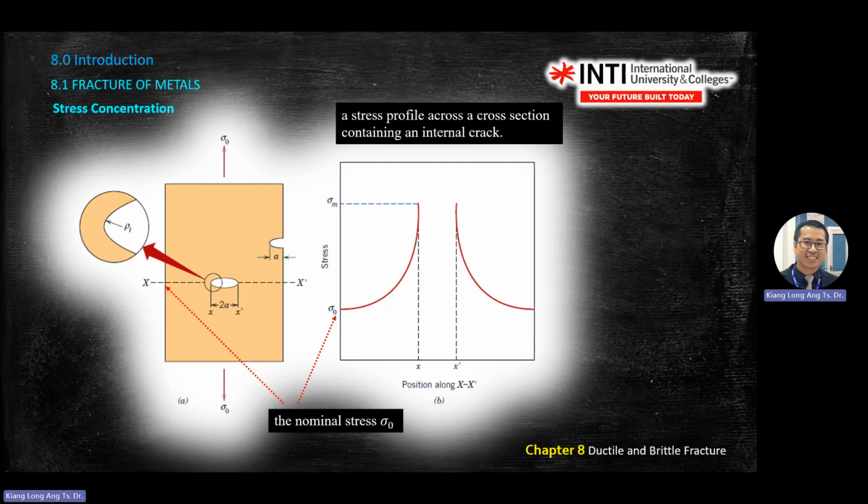Okay, now how do things fracture? We use a sample, a plate here. So stress concentration, fracture of metal. You will see if things happen, we will define where your source is. There are 2 types of source.